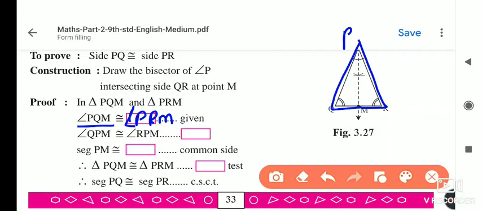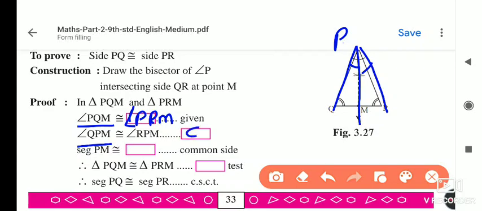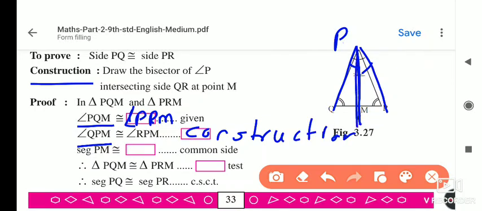Angle QPM is congruent to angle RPM, by our construction. PM is congruent to PM, and the reason is that it is a common side.